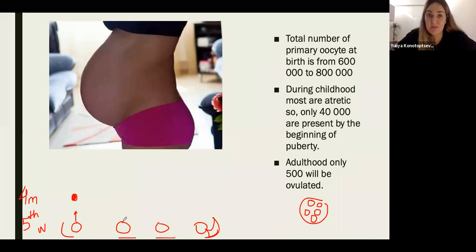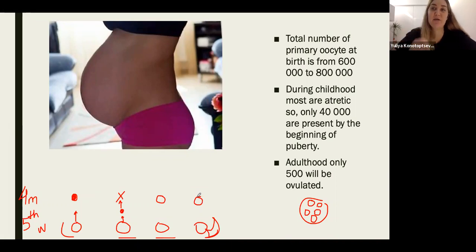Some PGCs are really like on fire. They have already become oogonia, and these oogonia are now becoming primary oocyte. And you see that other PGCs are procrastinating. They do nothing. They still stay as PGCs.